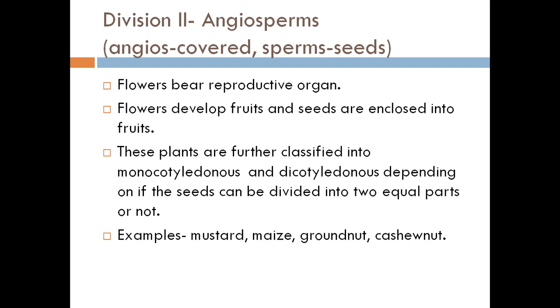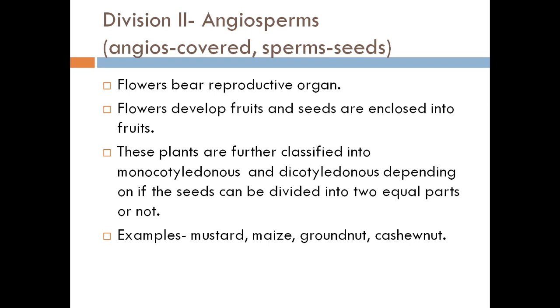The second division is angiosperms. Angios means covered and sperms means seeds. That means in this category the seeds are covered. Flowers bear reproductive organs. That means flowers are responsible for reproducing or producing a new plant.